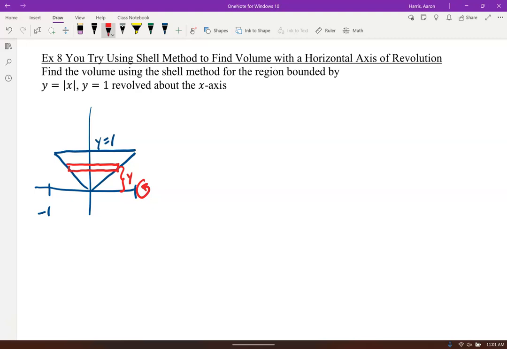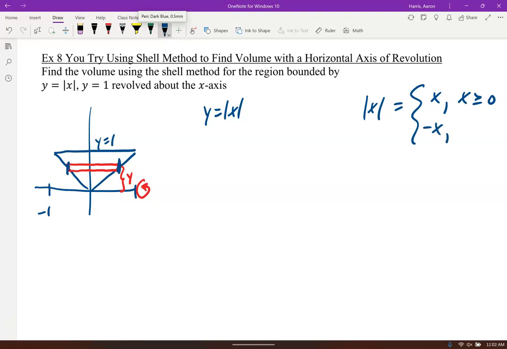And then the shell height is from here minus here. Well, if you think about the absolute value of x for a minute, what's the definition? It's x when x is greater than or equal to 0, or it's the opposite of x when x is less than or equal to 0.